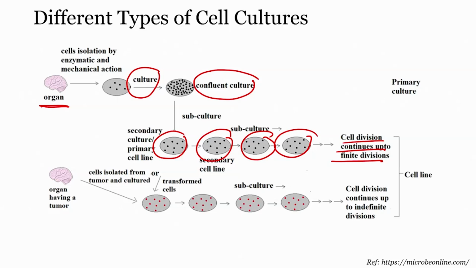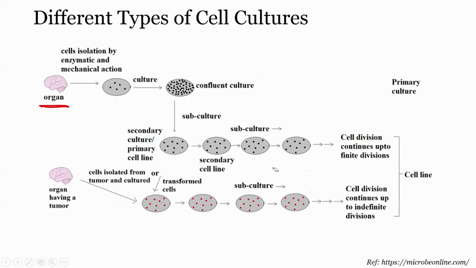So, what we do is we take the tissue, and we take out the cells from the tissue either by enzymatic or mechanical actions. Once the cells are out, we culture those cells, and once it reaches its confluent state, we do a secondary culture and form a secondary cell line.